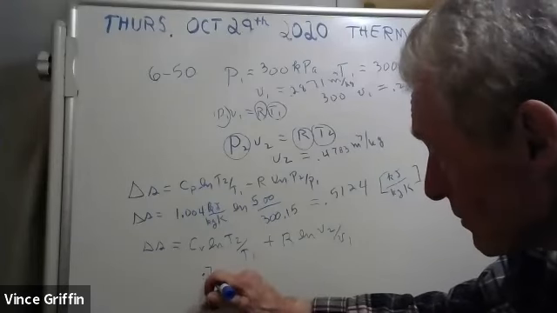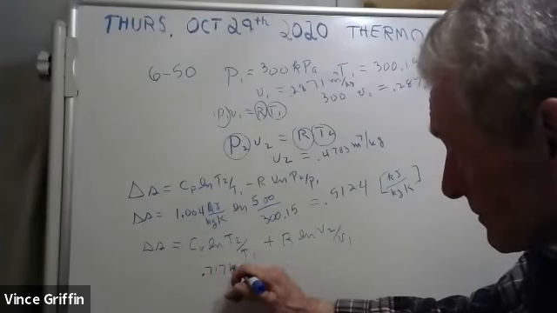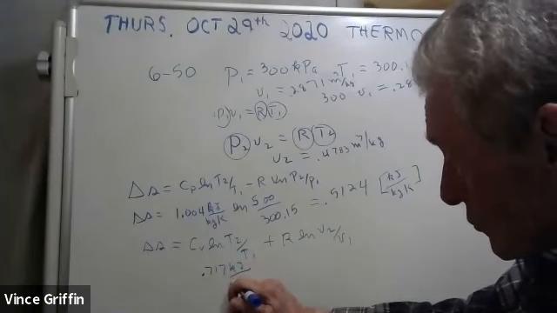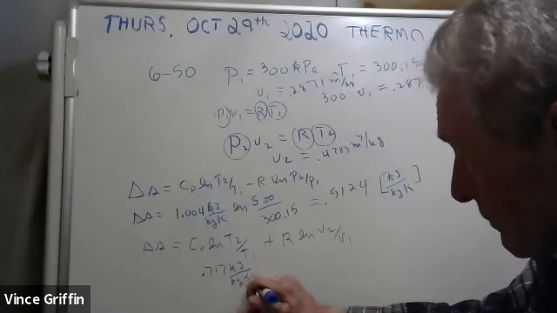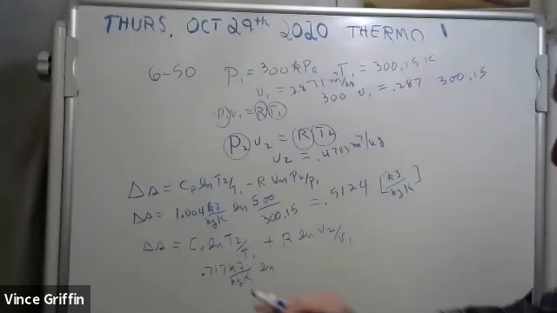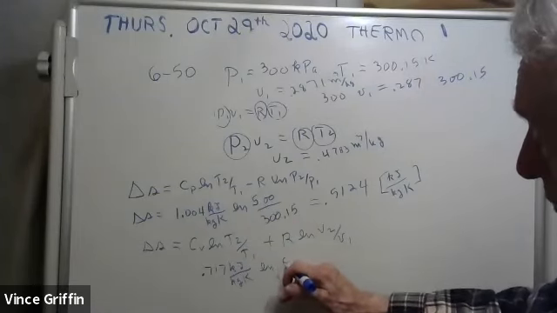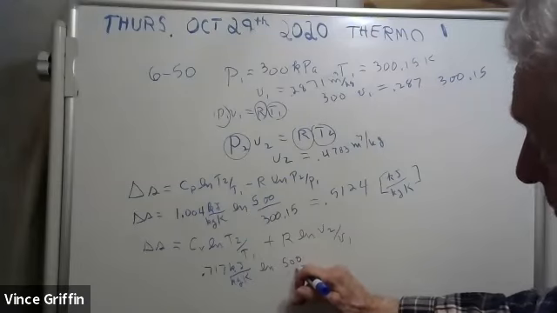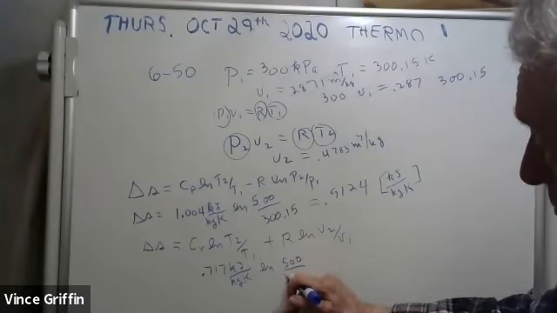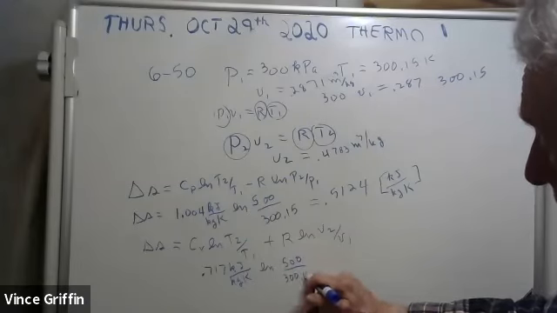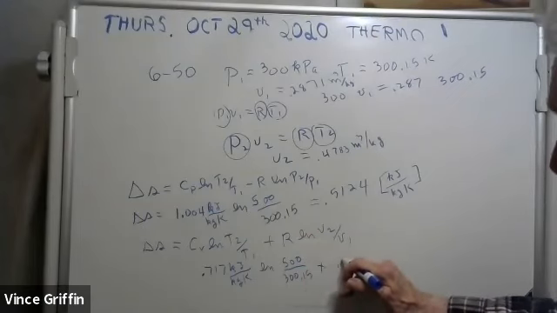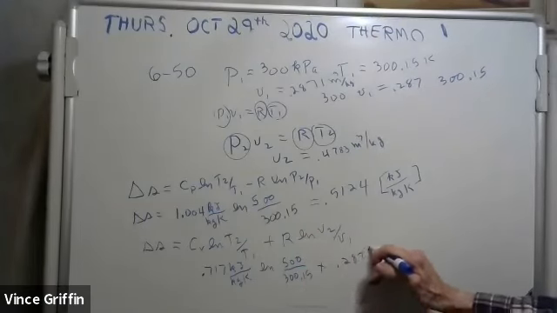It's 0.717 kilojoules per kilogram Kelvin. We know what T2 is, thanks to my helpful student, it's 500. T1 is 300.15. We know what R is, it's 287.